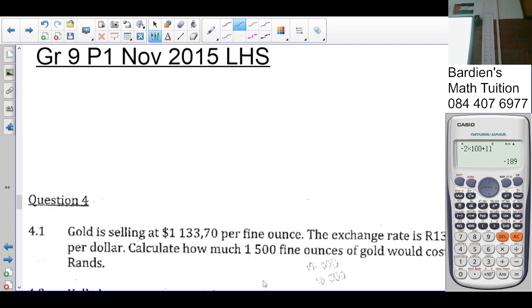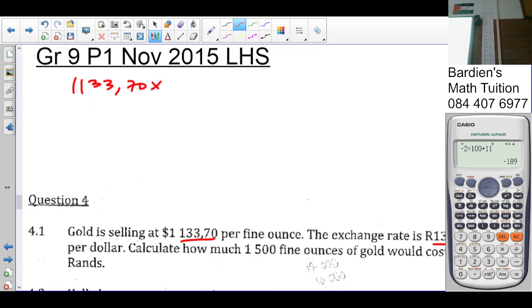Okay. So I can work out what one ounce of gold would be in rands. That's also what I could do. So it's going to be 1,133.70.